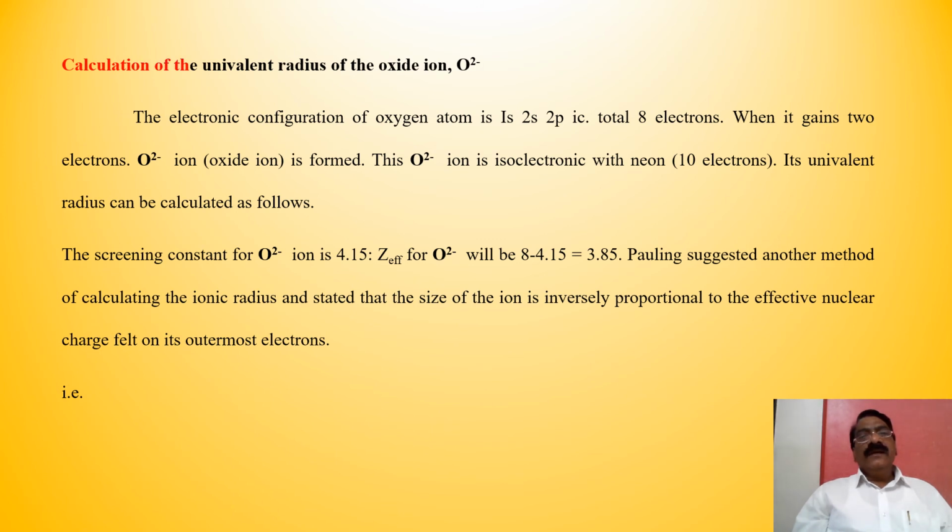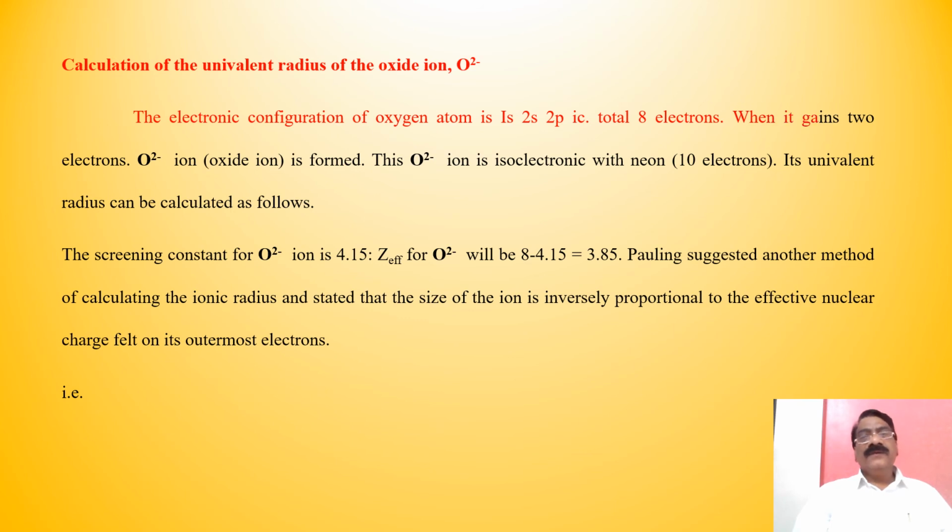Calculation of univalent radius of the oxide ion, O two minus. Up till now we saw univalent ions. Now we are going to see the oxide ion, which has a 2 minus negative charge.